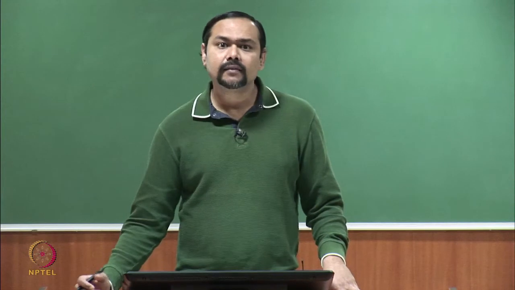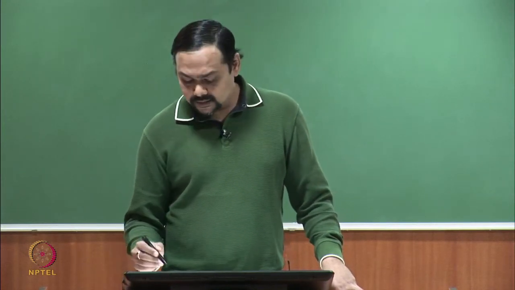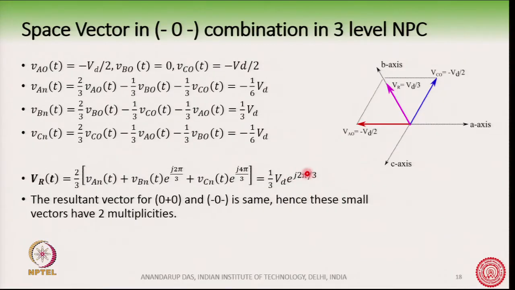In case of a 3 level space vector diagram, we see that this particular active vector, 1/3 Vd e to the power j 2 pi by 3, in fact has two multiplicities. So, this is how the resultant space vector looks.